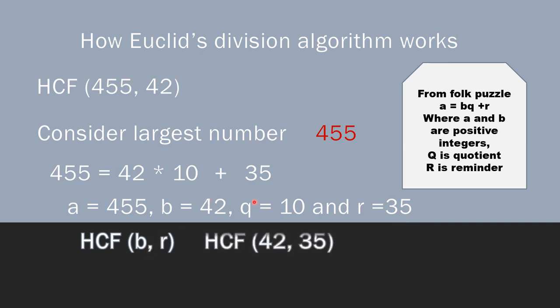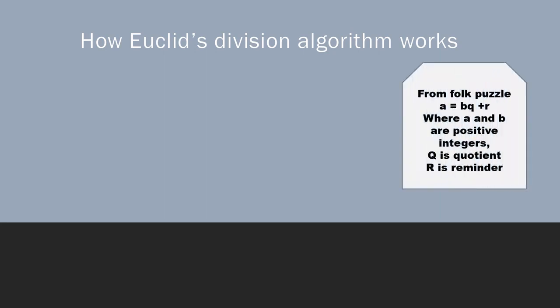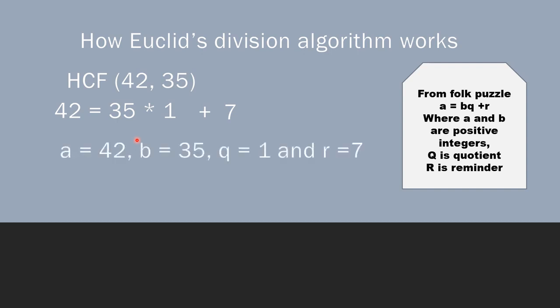So b is 42, r is 35. Now we will find the HCF of 42 and 35 using the same method. 35 into 1 is 35, plus 7 makes 42. So again we write a equal to 42, b is 35, q is 1 and r is 7. 7 is not 0, so we proceed again with 35 and 7, the HCF of b and r.